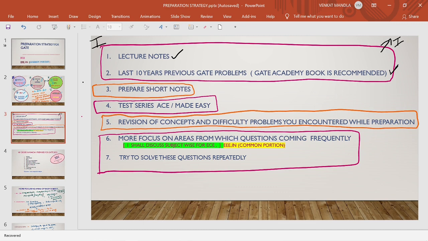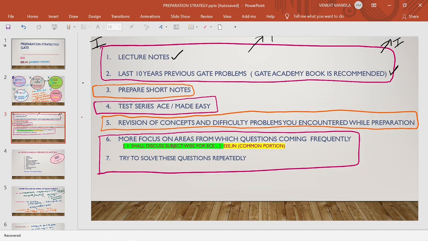You'll come to those points after completion of this first block. So after completion of the first block, you can start preparing your short notes. You'll have some experience by then, but executing this first block will take much time.